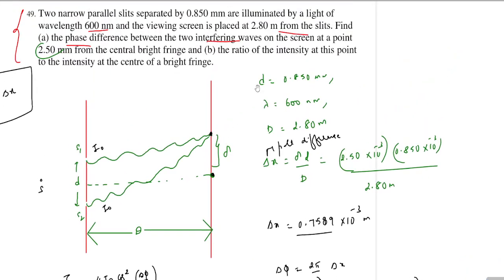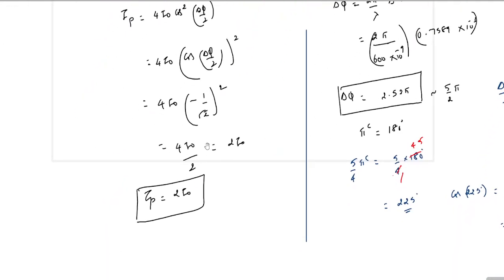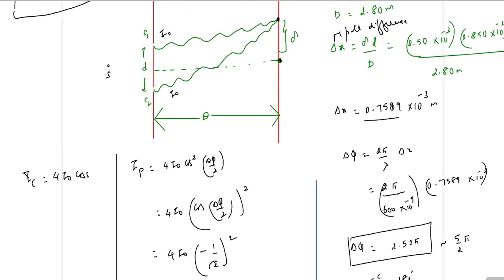But the question says, find the ratio of intensity at this point to the intensity at the center. At the center, the intensity would be 4 I naught cos of delta phi by 2 the whole square, where at center delta phi is 0, because both waves from here and here travel the same distance to center.